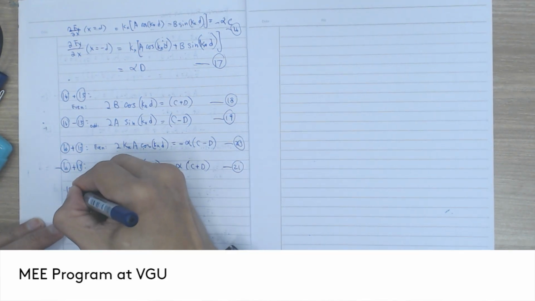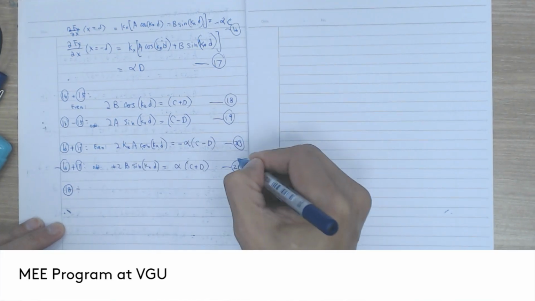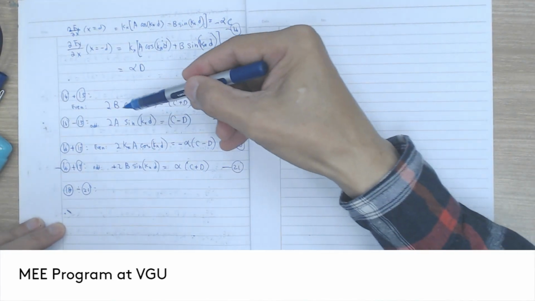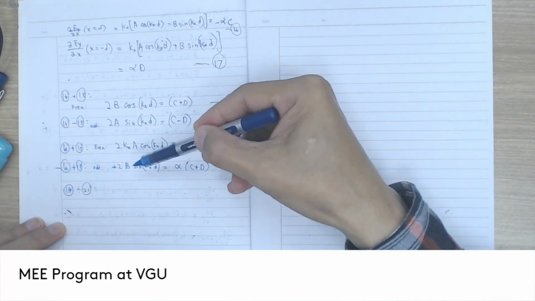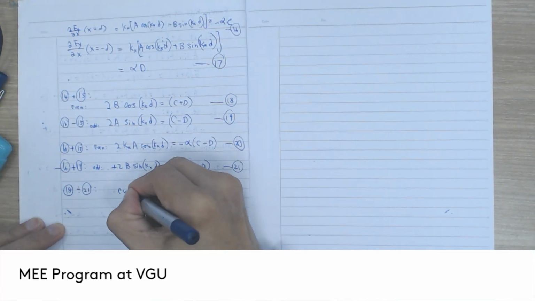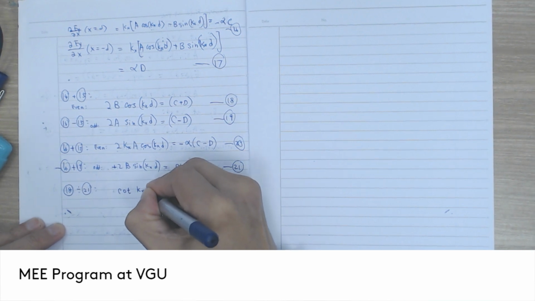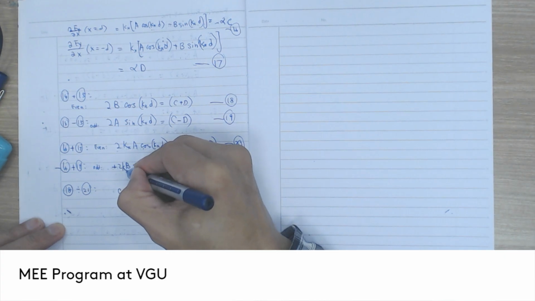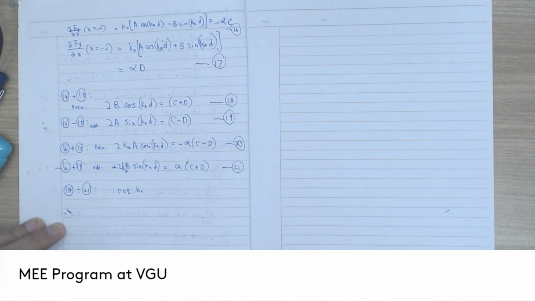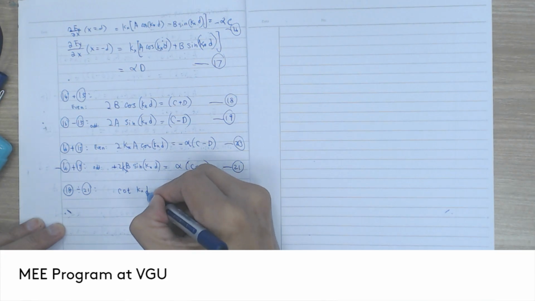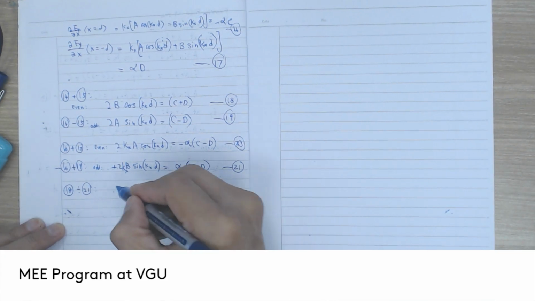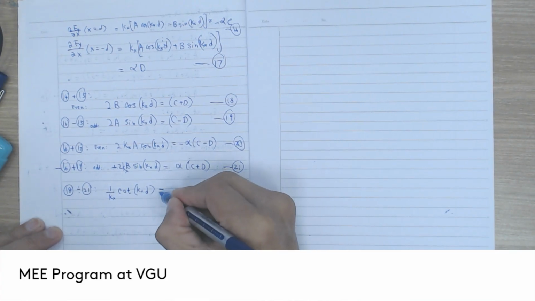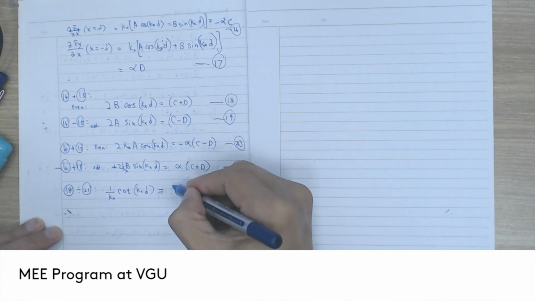So 18 divided by 21, and let's see what we get. So 18 divided by 21, it's cotangent kx d. By the way, I missed out the kx here. Okay, kx d, so 1 over kx is equal to the same, so 1 over alpha.